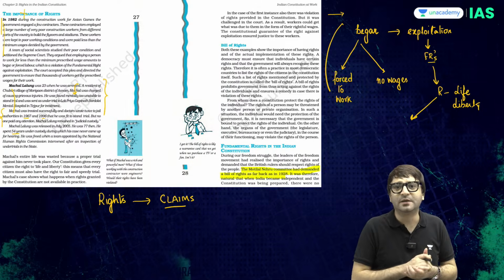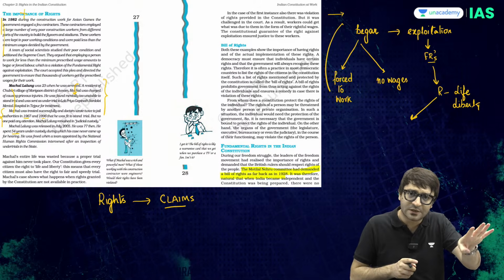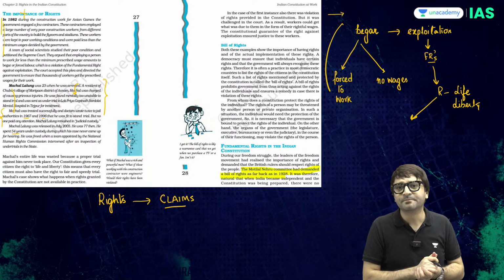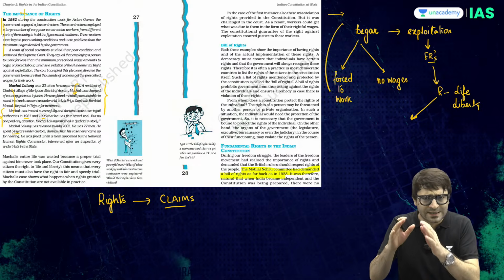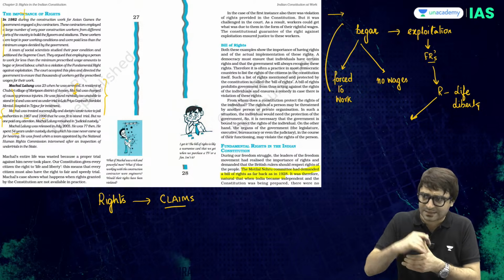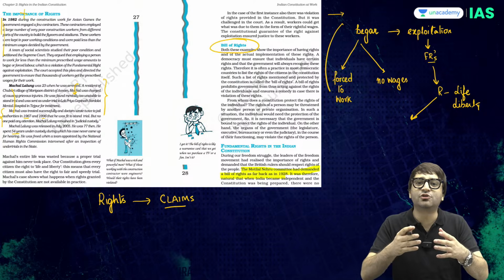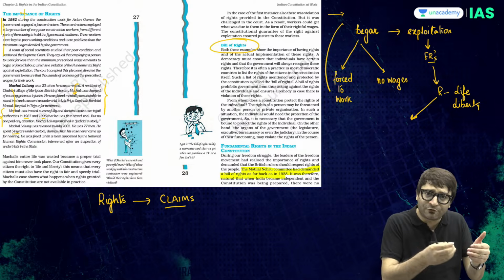Don't exploit me. Don't snatch my freedoms. Don't snatch my liberty. These are the rights that you can claim from the state. So what is a right? A right is basically a claim which you can make on the state. And normally in democratic countries, a set of rights known as the Bill of Rights is mentioned in the Constitution itself, so that we can enforce these rights.